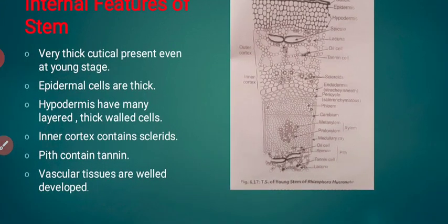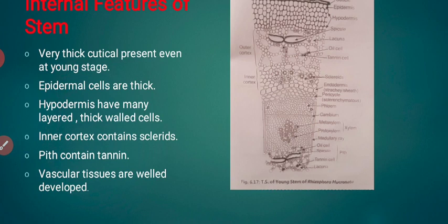The pith contains tannins. Then below the inner cortex the endodermis is present. Then in the pericycle, sclerenchymatous cells are present.